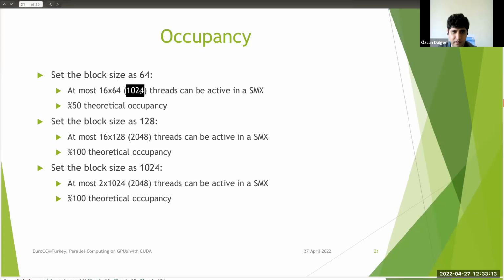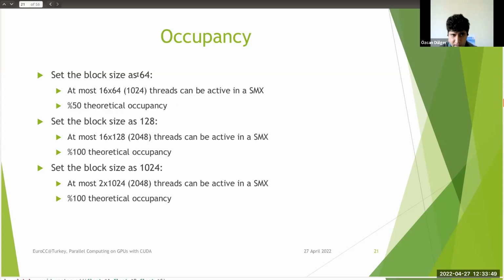So 1024 threads can be active at a time in an SMX, but the maximum number of threads that can be active in an SMX is 2048. So we only benefit from half of the maximum resident threads.